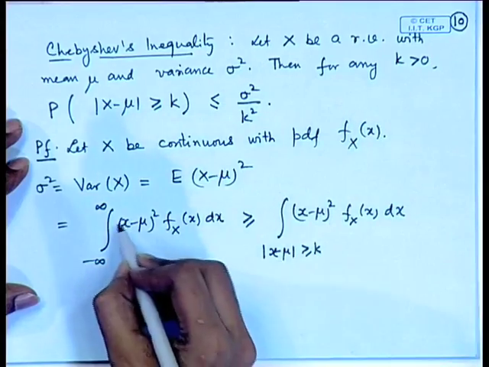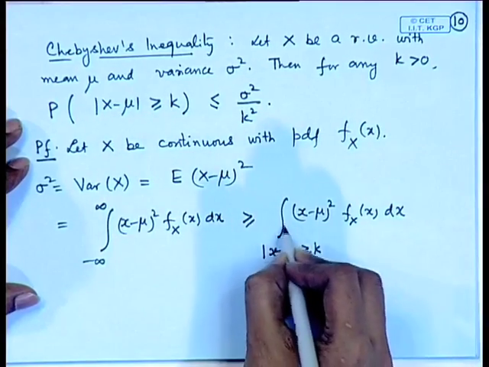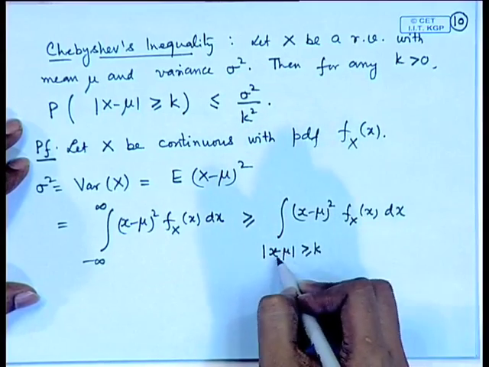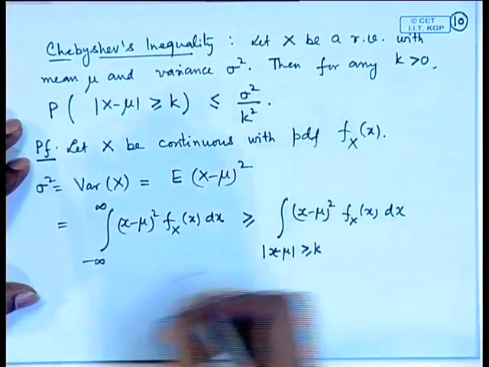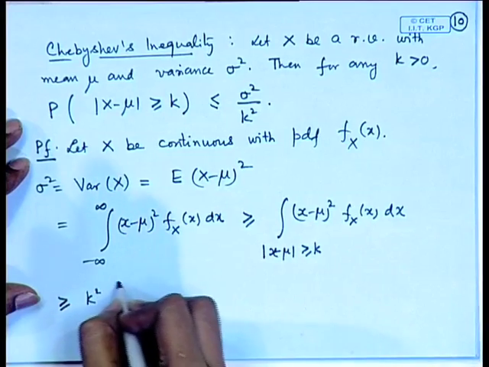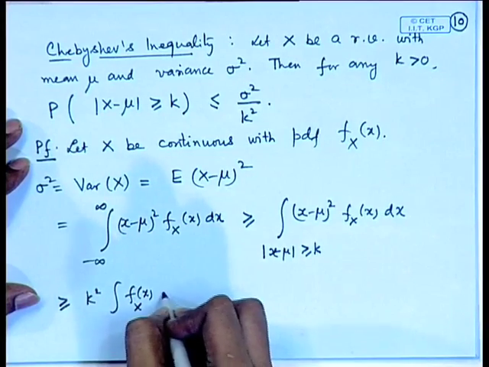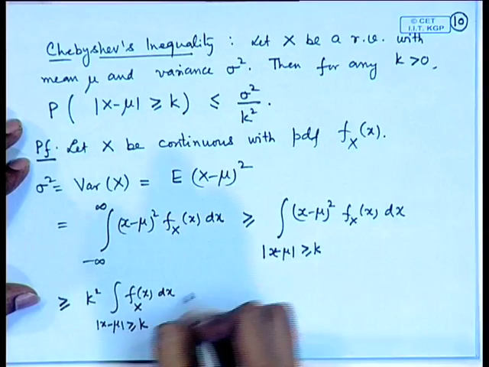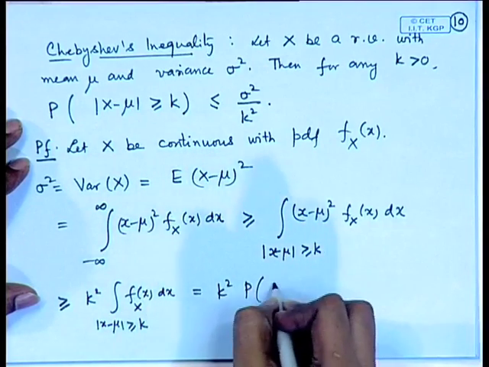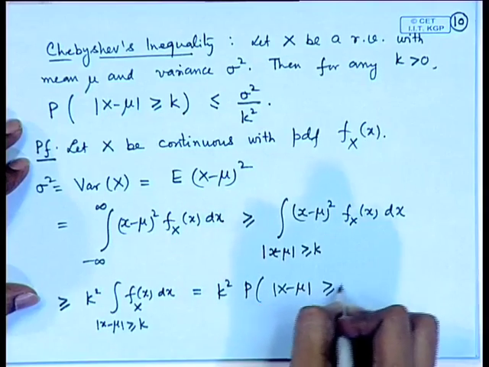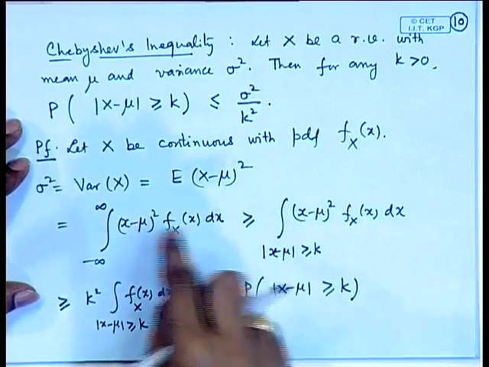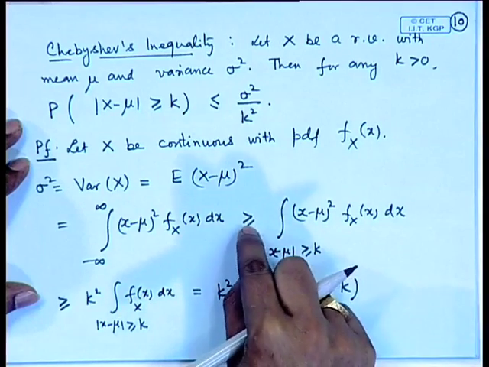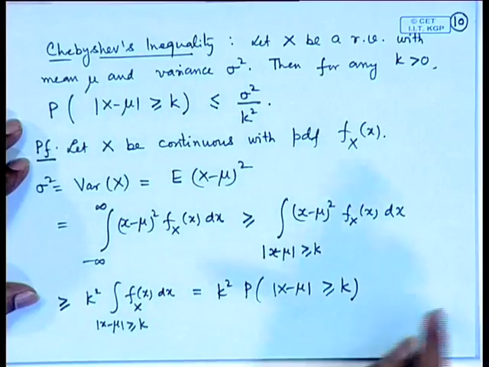This is because the integrand is non-negative, so if we reduce the region of integration, the value will become smaller. Now, on this region x minus mu whole square is greater than or equal to k square, so we can replace by that. And this is nothing but k square times probability of modulus x minus mu greater than or equal to k. So, as a consequence, probability of modulus x minus mu greater than or equal to k is less than or equal to sigma square by k square.